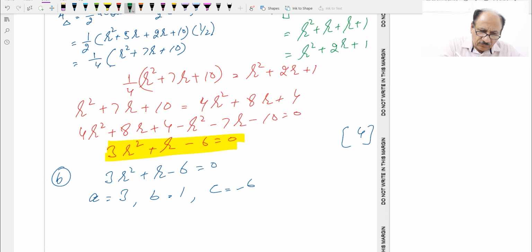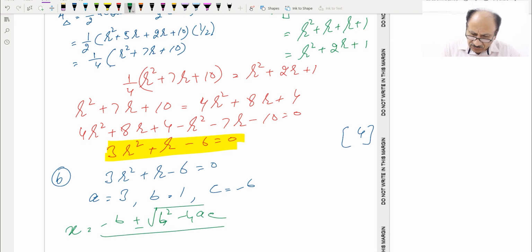And we know the formula is x is equal to minus b plus minus square root of b square minus 4ac, the discriminant, over 2a. And now we can replace the values. Minus b means minus into minus 6.